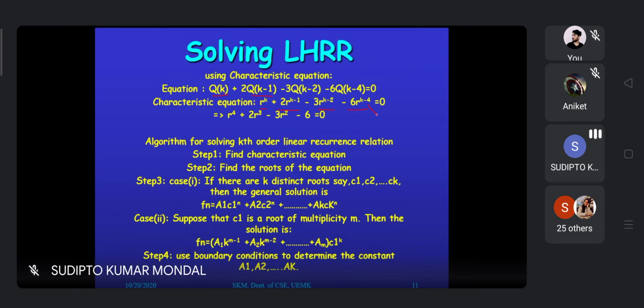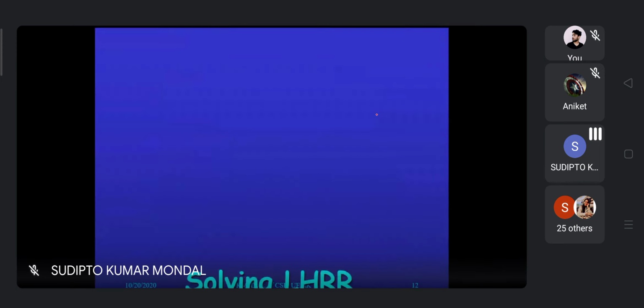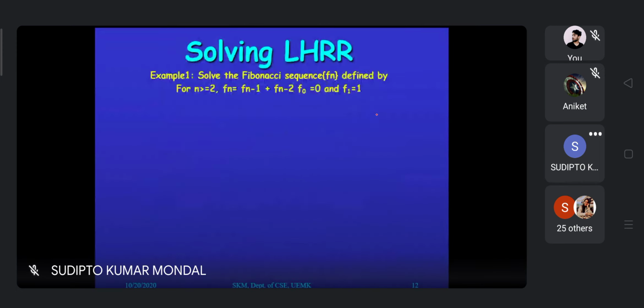So with respect to an example, quickly we will check the rule. One example I am considering quickly is the recurrence relation corresponding to the Fibonacci series, where we will apply the rule. First we have framed the characteristic equation, r to the power n minus r to the power n minus 1 minus r to the power n minus 2.